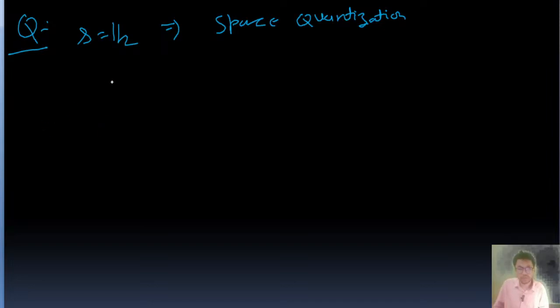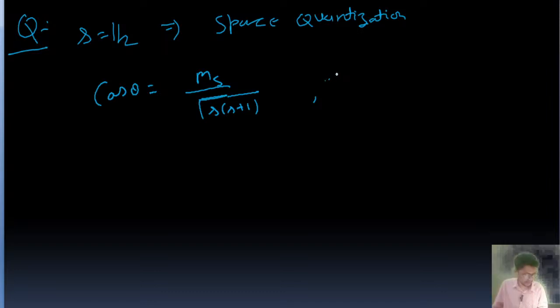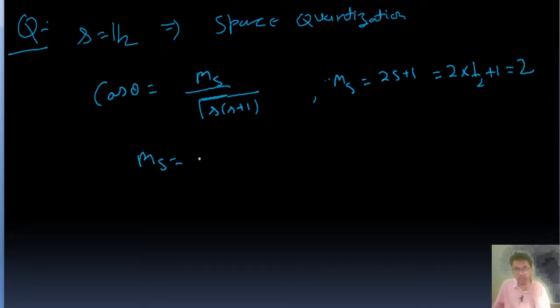So we know for cos theta, I'm writing directly for s, ms upon root s into s plus 1. The possible values of ms are 2s plus 1, right? So this is 2 into half plus 1, that is 2. So ms values, s is half, ms values are minus half, comma half.